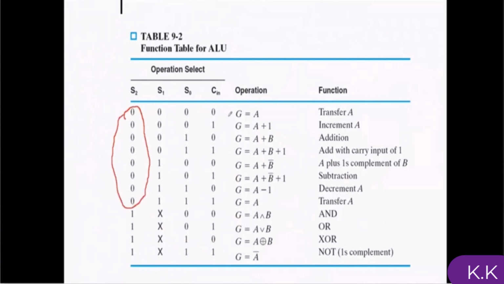So according to the values of S0, S1, S2 and Cin, we can have different results in the output of the ALU.